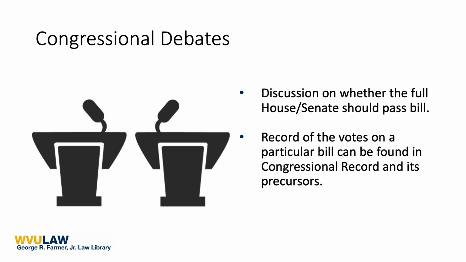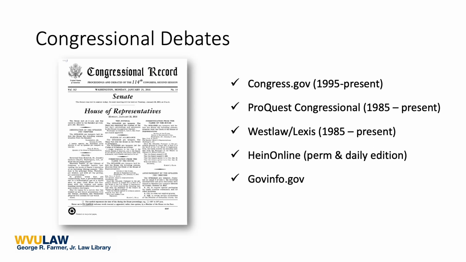In this comprehensive version, the contents are continually paginated from the first day of the congressional session to the last, and numbers in the thousands of pages. Distinguishing between these two versions is important for citation purposes. The Congressional Record is available on congress.gov, ProQuest Congressional, Westlaw and Lexis, Hein Online, and at GovInfo.